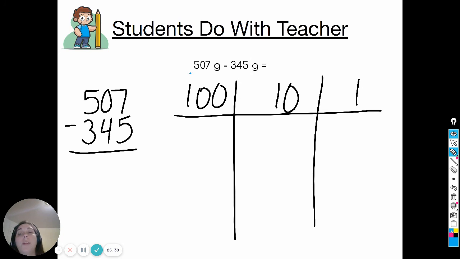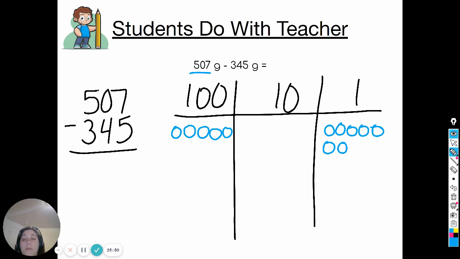Okay, so let's go ahead and draw our first number, which is 507. 5 hundreds, 0 tens, 7 ones. Okay, your picture should look like mine.